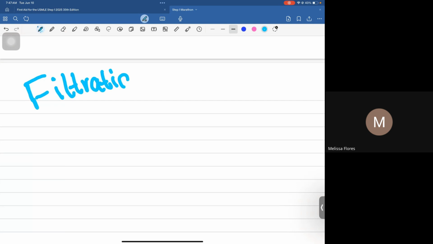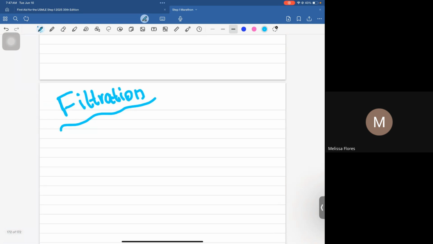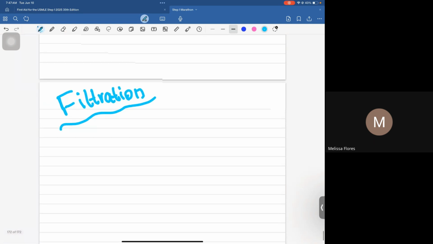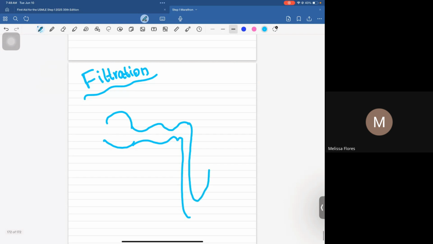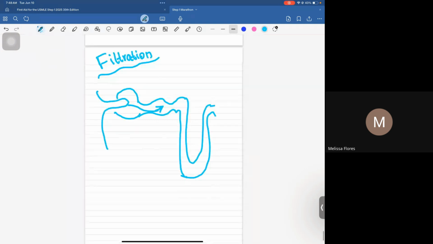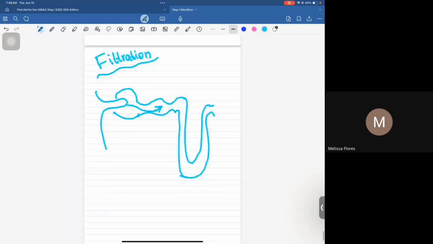Filtration basically meant the blood that was coming to the nephron, and how much of this blood got filtered here. That is known as the filtration fraction.